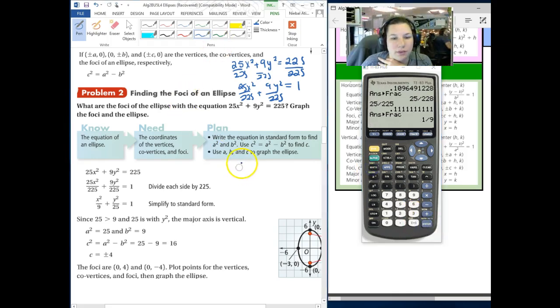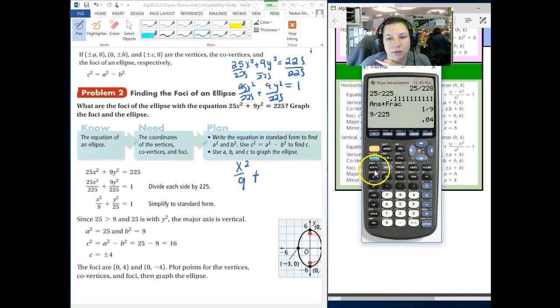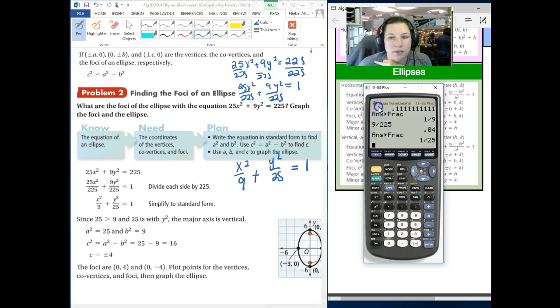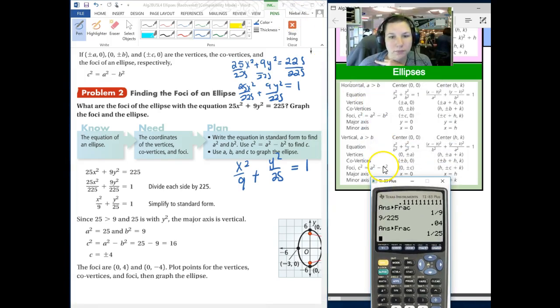Okay, so that's going to be x squared over 9, and then the 9 divided by 225 is y squared over 25 equals 1. This is a center at 0, 0.